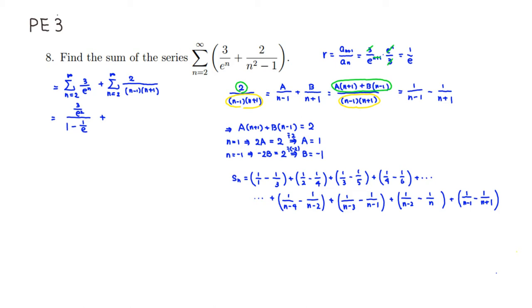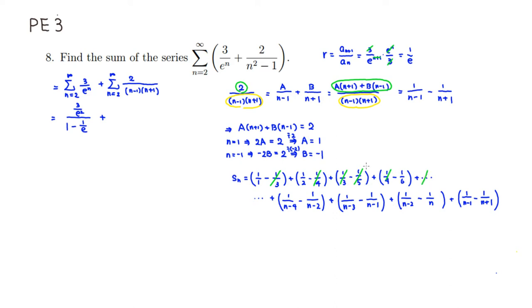Alright, so let's cancel it. So cancel a bunch of terms here. You have a negative 1/3 canceling with the positive 1/3 there. And the negative 1/4 cancels with 1/4. You can't really see it, but the negative 1/5 cancels with the one next here, so there's going to be a positive 1/5, and so on.